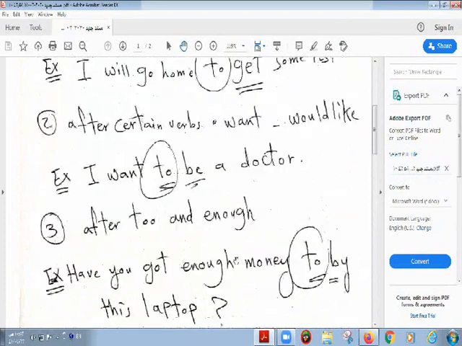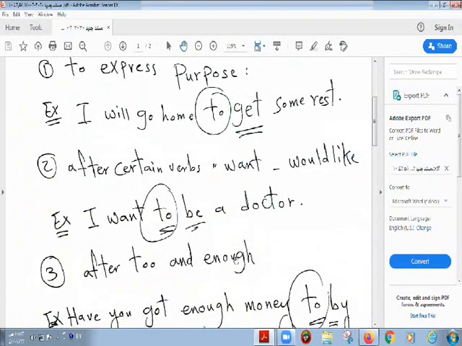So now we talked about the infinitive form, and we see that the infinitive form means the verb without any additions. We use the infinitive form to express purpose. For example, I go home to get some rest. We also use the infinitive form after certain verbs like want or would like.